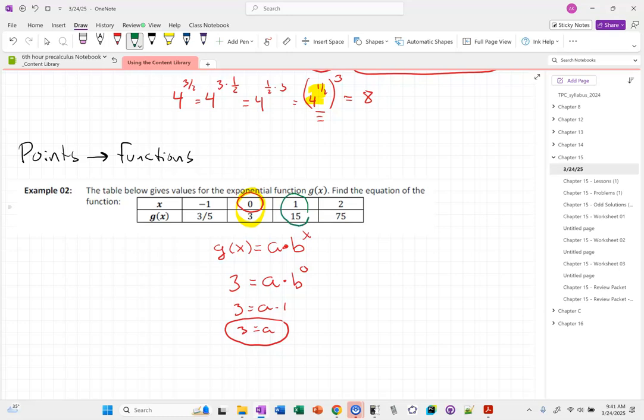Now I can choose any other point from my table, and I'm going to choose the one that's the most convenient to work with. I love having an exponent of 1. That's going to make life very easy. So now I'll do the same thing, but now I know a is 3.